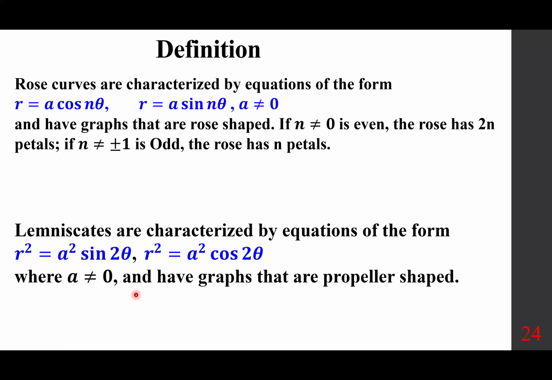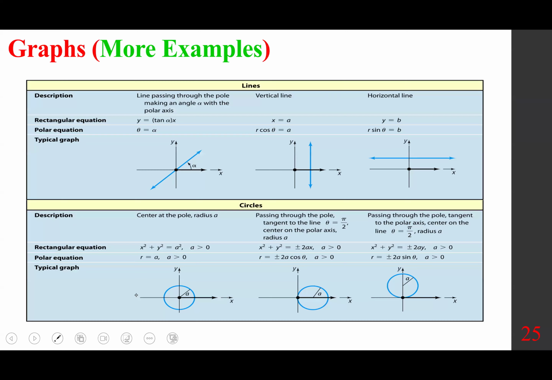So I'm going to show you a couple of pages of graphs, reminding you of a line, y equals tan alpha x, theta equals alpha; a vertical line, x equals a, r cosine theta equals a; a horizontal line, y equals b, r sine theta equals b.